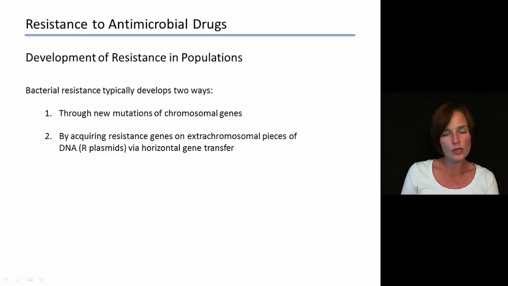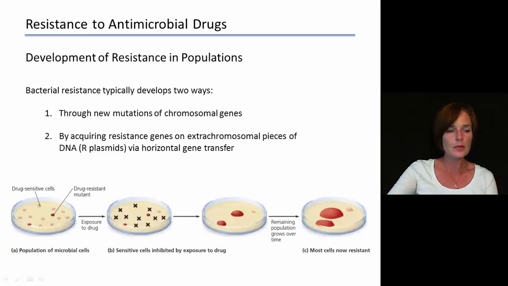All of those methods of horizontal gene transfer could allow a bacterial cell to acquire a gene that's going to make it resistant. So if we look at this diagram here on the bottom of this slide, we have a population of cells, and those cells already have some genetic variation there, and we can see that in the different colors.